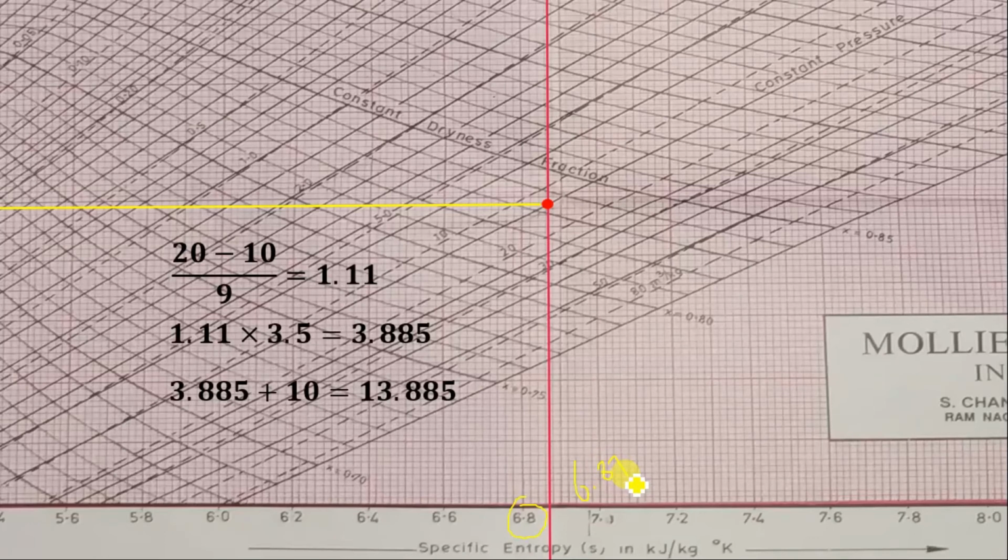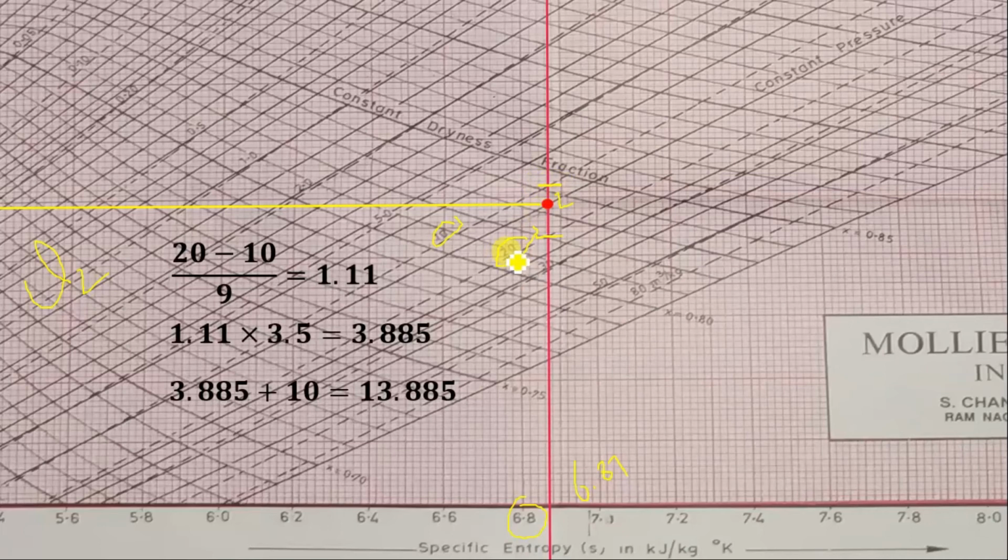Now how to find the specific volume? Very simple. Here I have given some mathematical calculation. For V2, we are going to find the specific volume at state 2. Here we have state 2. Here one specific volume line is 20, here we have 10. So draw the horizontal lines here.